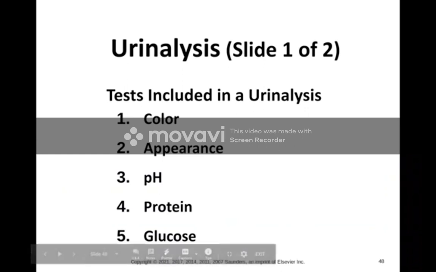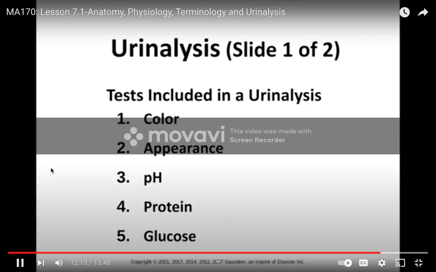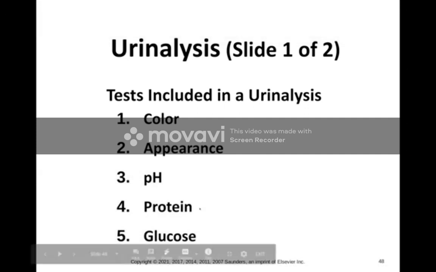So urinalysis, we'll look a lot more at this in MA125, where we actually will run a urinalysis in probably a month or two. So the tests that are included in a urinalysis is the color of the urine, the appearance, so that has more to do with the clarity level, and then the pH level, the number of protein molecules in the urine, and then the number of glucose molecules.